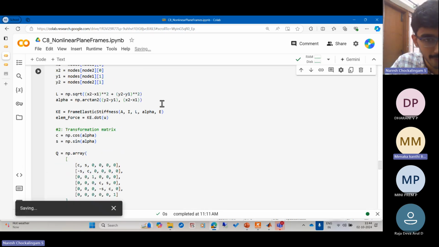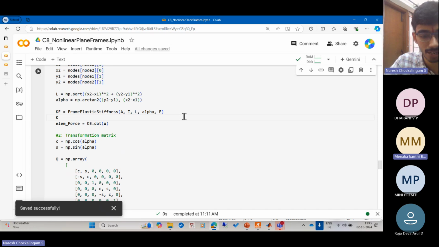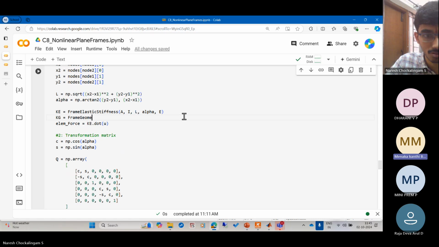So one thing that I'm looking at here is kg. Yeah, it should also have the components from kg. So kg is the frame geometric stiffness, F, L, and this one. This one, what is it?